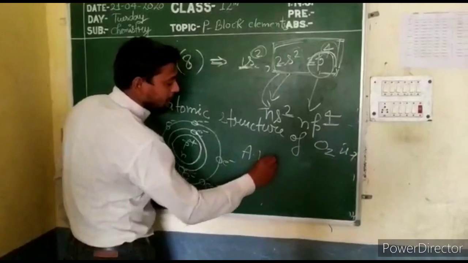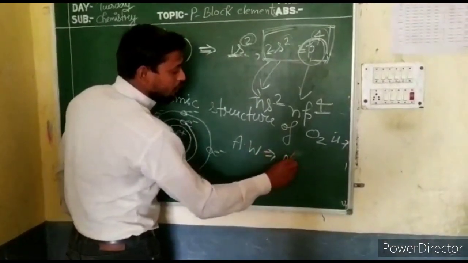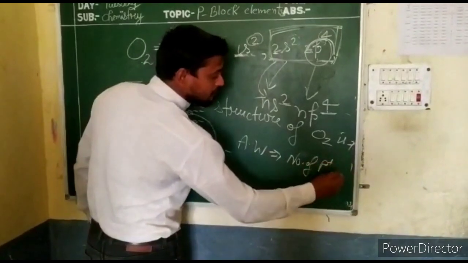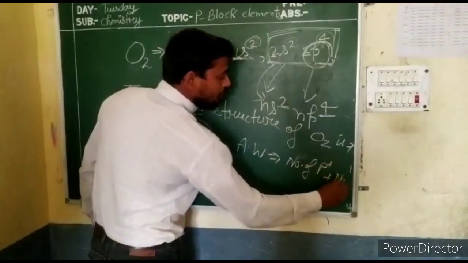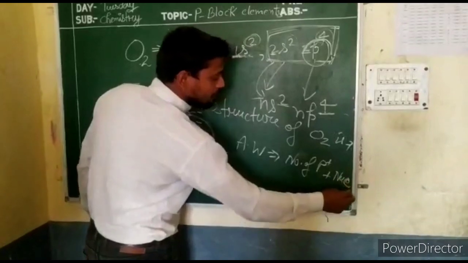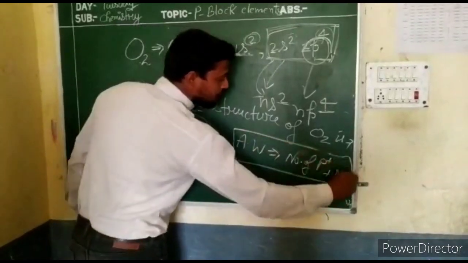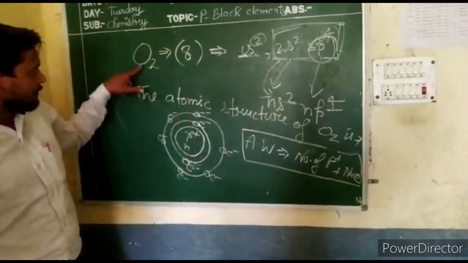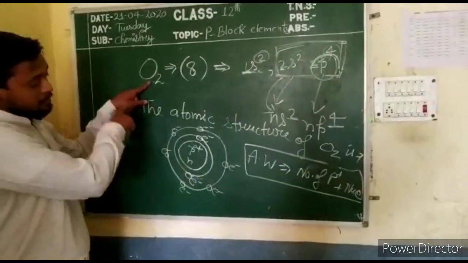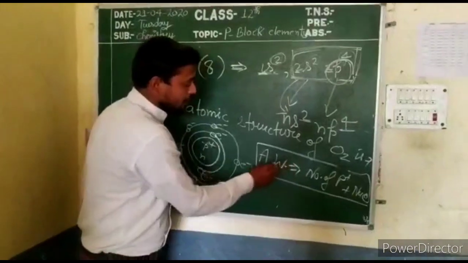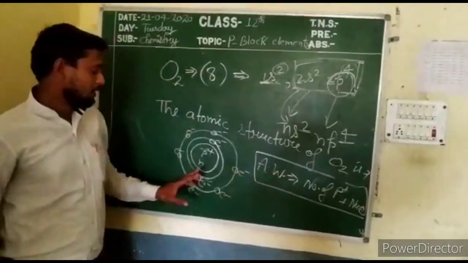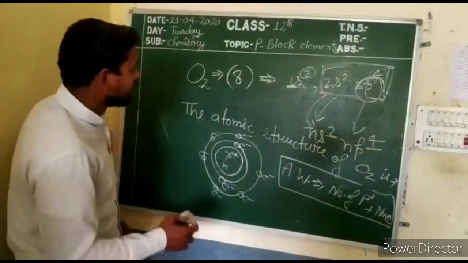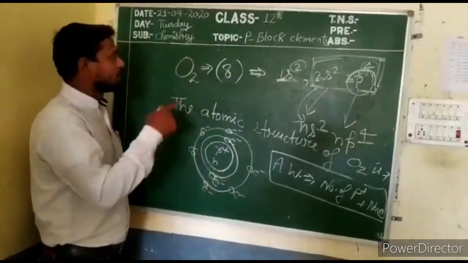Atomic weight is equal to number of protons plus neutrons. Here we can find out the number of neutrons of this oxygen atom by this formula. Here AW means atomic weight. Is that clear? Now we talk about the next property of oxygen.